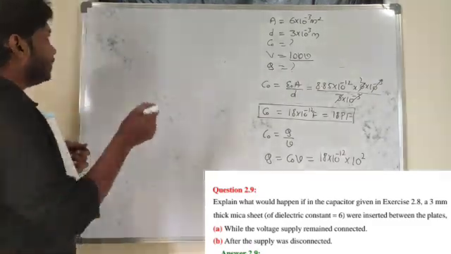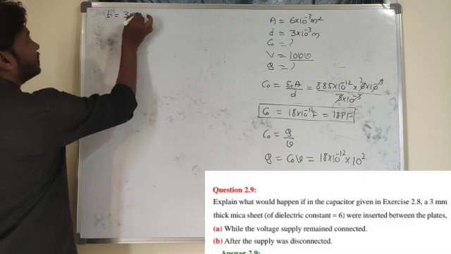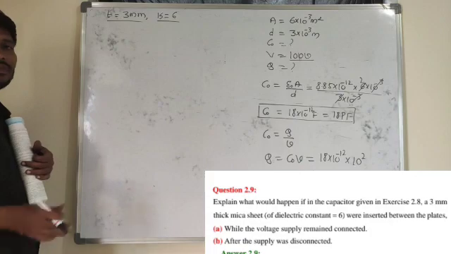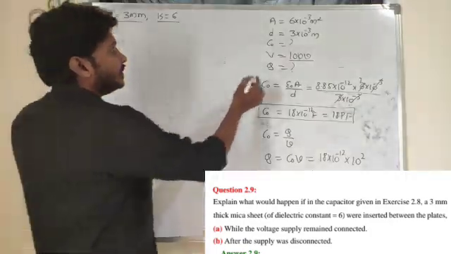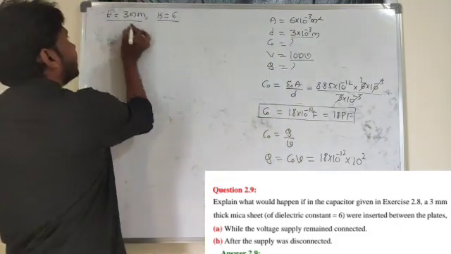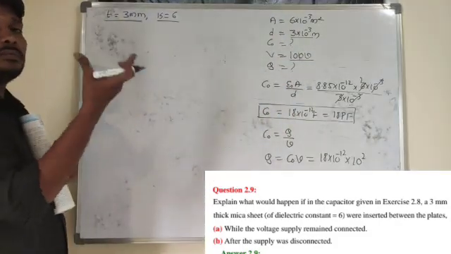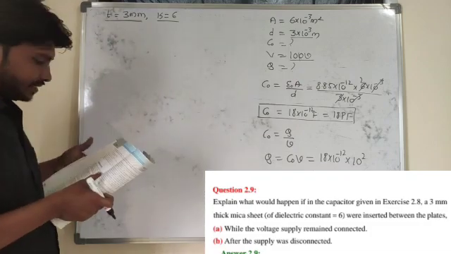So here they mention that thickness is 3 millimeter and its constant value is 6. So look here, whether the dielectric medium is completely filled or partially filled. The distance between the plates is 3 millimeter and the thickness of the dielectric medium is also 3 millimeter. So it means that the dielectric medium is completely filled between the plates.